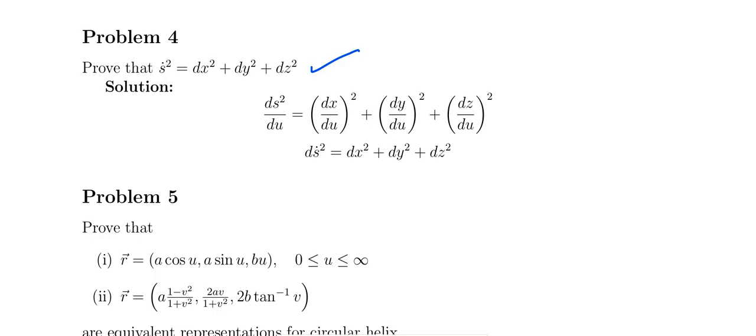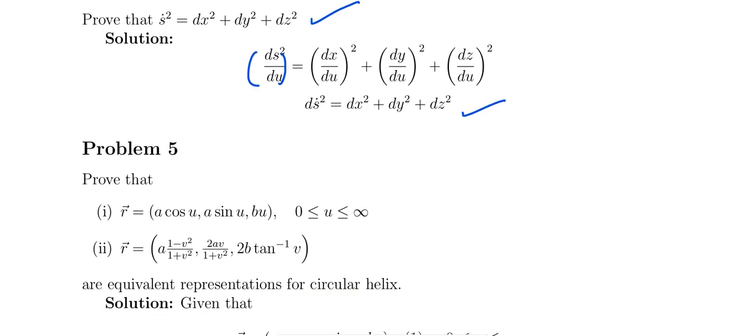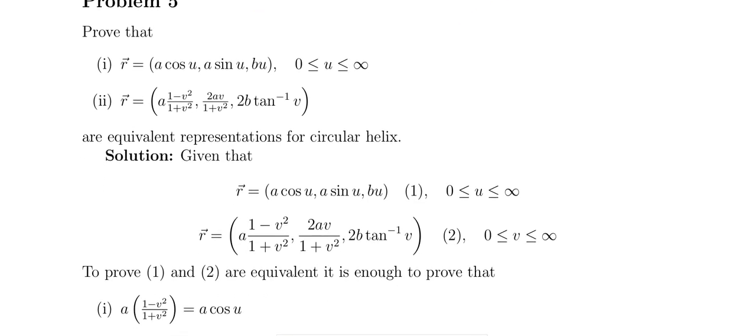Am I correct? Because of s dot equal to root of x dot square plus y dot square plus z dot square என்றதுனால இதெல்லாம் வந்து, ds by du whole square இது. Okay, s dot square. This is equivalent to, okay, but this is nothing but dx square plus dy square plus dz square. Okay, and this is one of the problems.